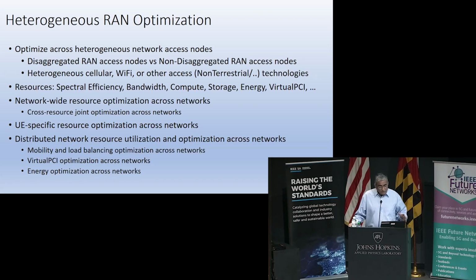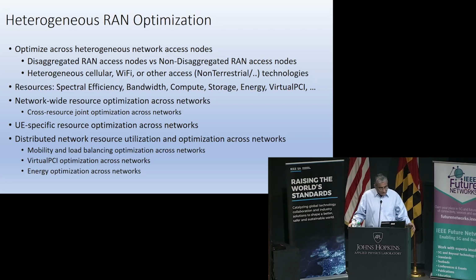And also sometimes you can have conflicting decisions with regard to resources. You may want to minimize energy, and at the same time, you want higher performance. Those could be conflicting targets for optimization. So for that, you might want to do cross-resource or joint optimization as well.